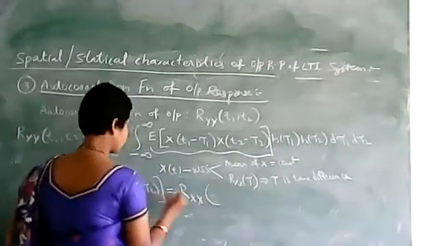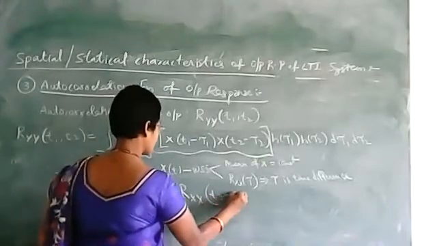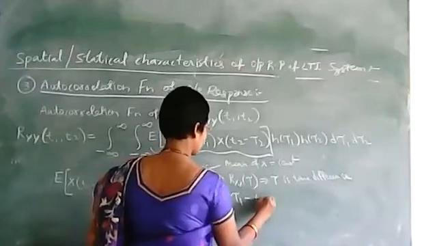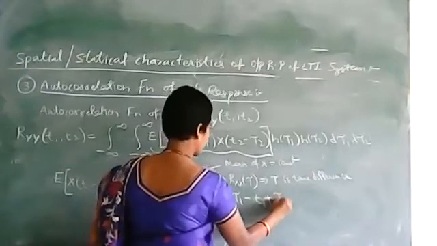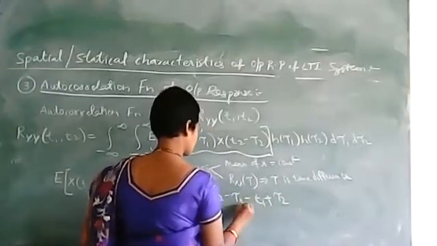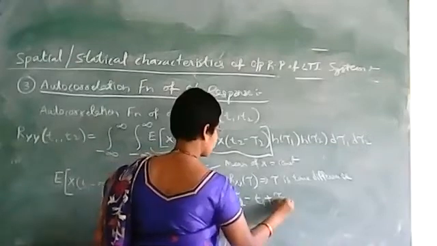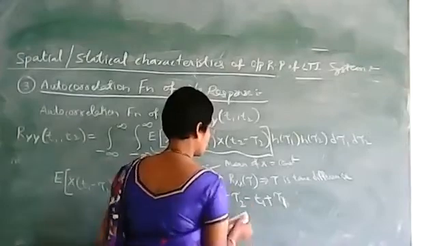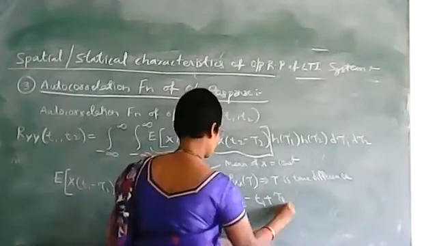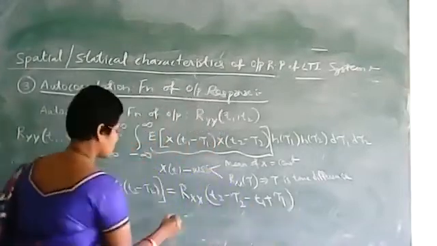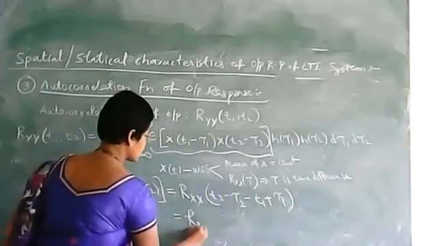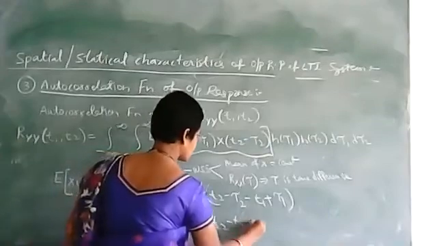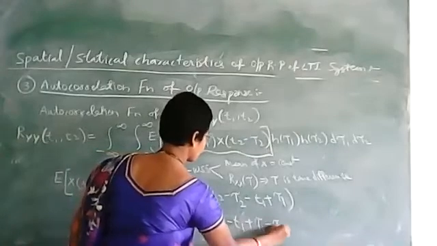What we have is t2 minus tau 2 minus, t1 minus tau 1, that is t2 minus t1 plus tau 1 minus tau 2. So this can be written as R_xx of t2 minus t1 plus tau 1 minus tau 2.